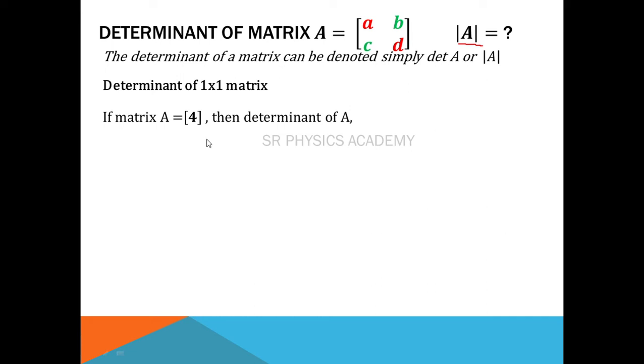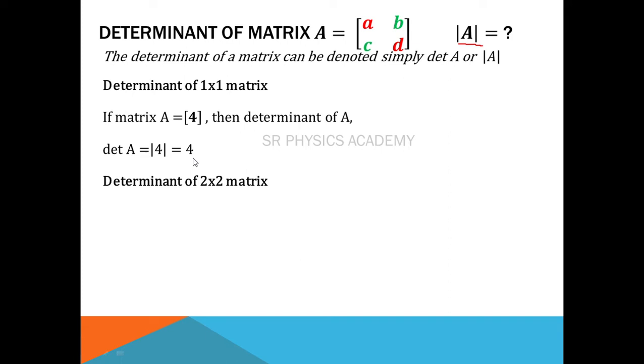It is the absolute value of the element present in the matrix. How many elements are here? Only one. What is the element here? Number 4. So the determinant of A is the number itself, 4.